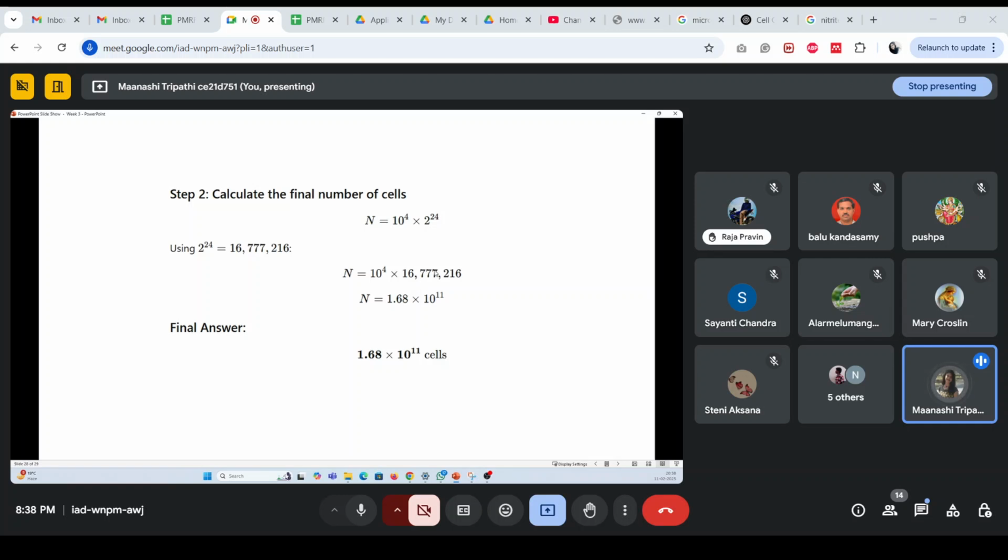After multiplying it by 10 raised to power 4, the answer has changed to 1.68 into 10 raised to power 11. That is the best way of representing the number of bacteria, because it can be very large. And some 5,000 or 6,000 bacteria in front of 1 crore is nothing, right? So we can just round up the values and represent them in scientific notation.